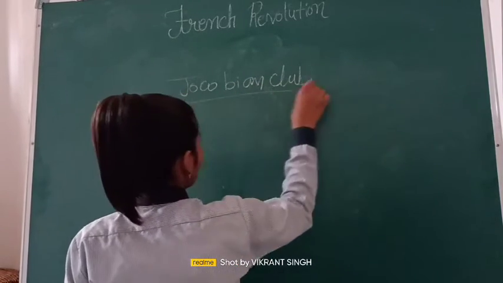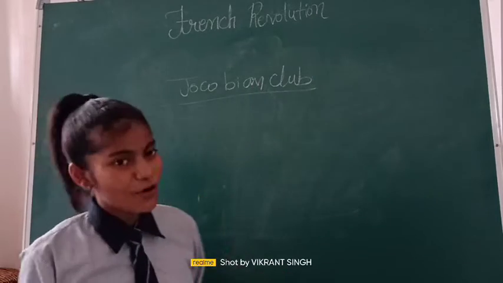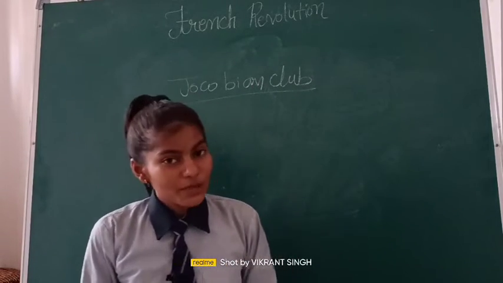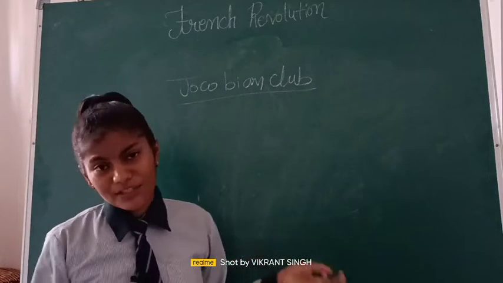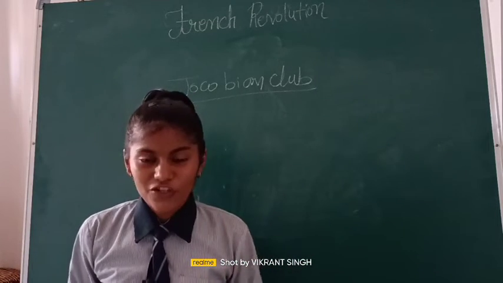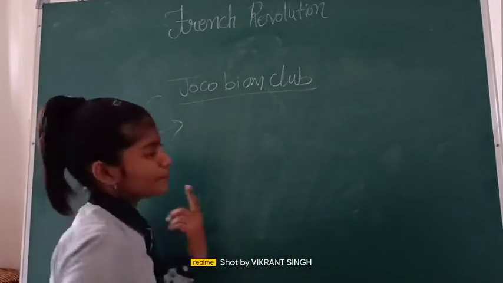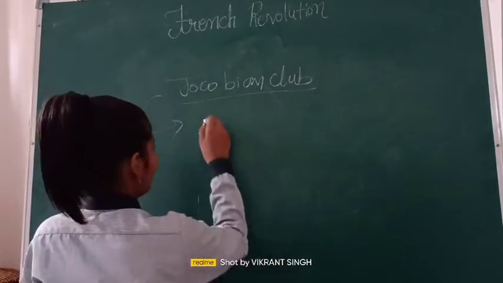And this Jacobin Club is made up of the prosperous sections of society, actually artisans, businessmen, mainly the third estate, and the leader over here is Robespierre.